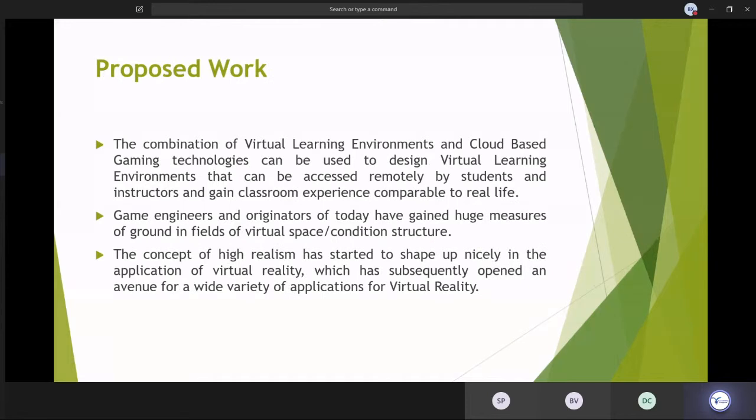The combination of virtual learning environment and cloud-based gaming technologies can be used to design virtual learning environments that can be accessed remotely by both students and instructors, which would enable them to gain a classroom-based experience which is extensively comparable to real-life situations.